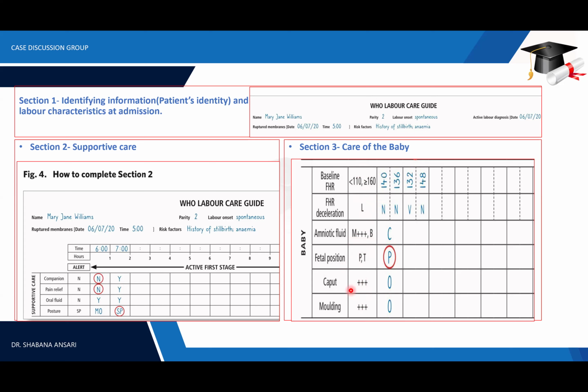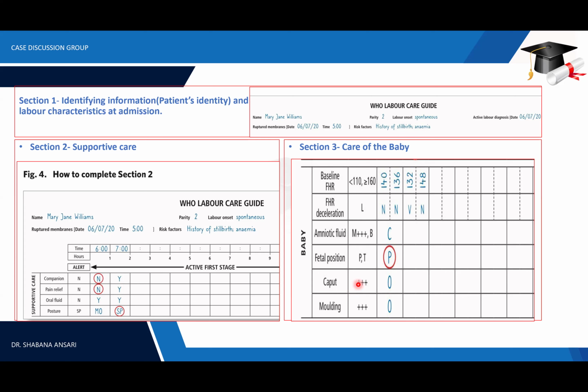So the question the junior was asked in the exam was, what is caput and molding? Can you describe briefly? Caput is generally the presence of fluid accumulated beneath the scalp, which can cause a temporary swelling of the scalp as well.